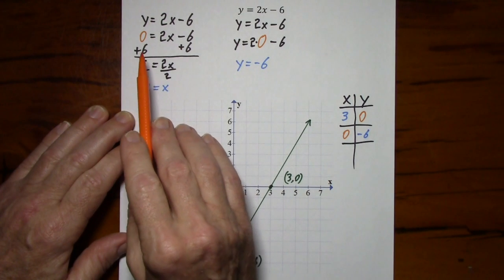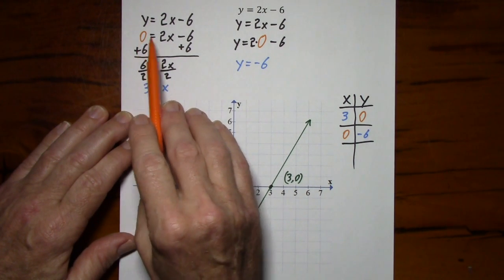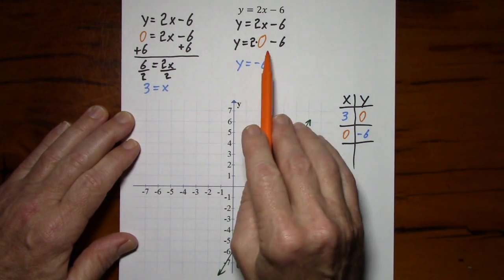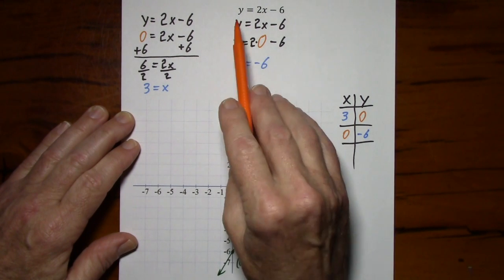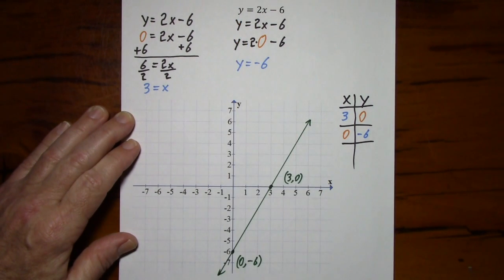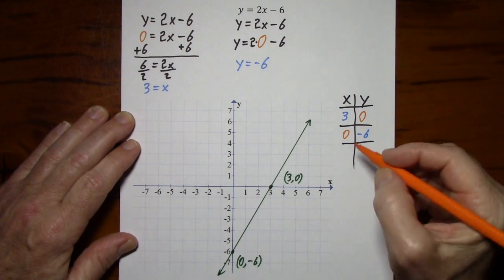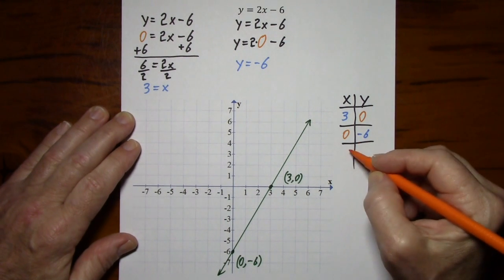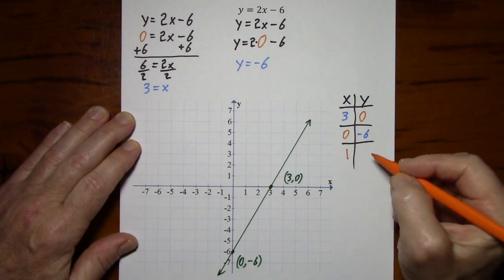If you notice, if we pick a value for y, it's a little bit more work. If we pick a value for x, the equation is already solved for y, so life's pretty easy. So let's pick a small number for x. Let's say when x is 1, what's y going to be?